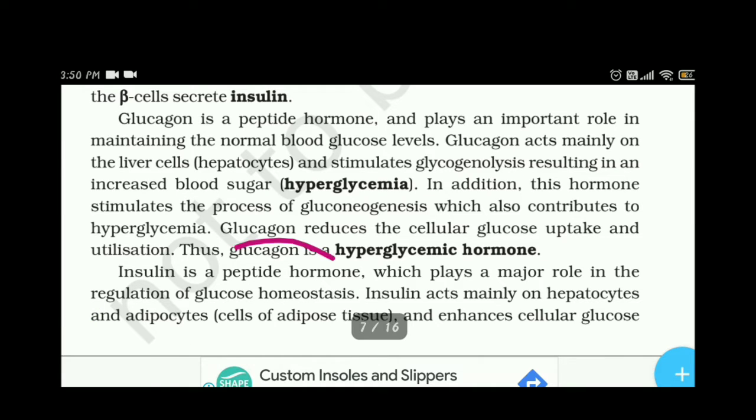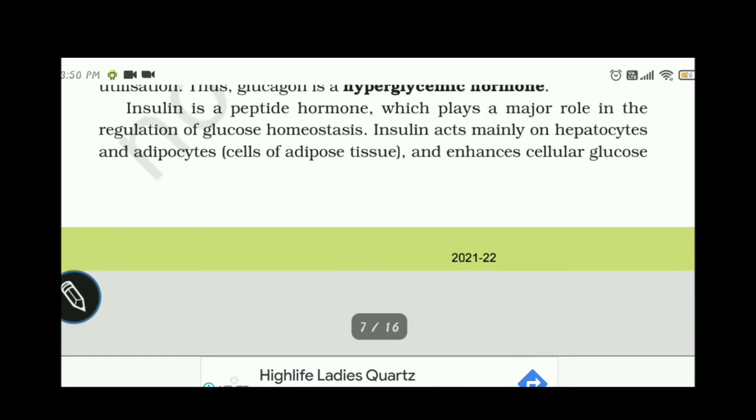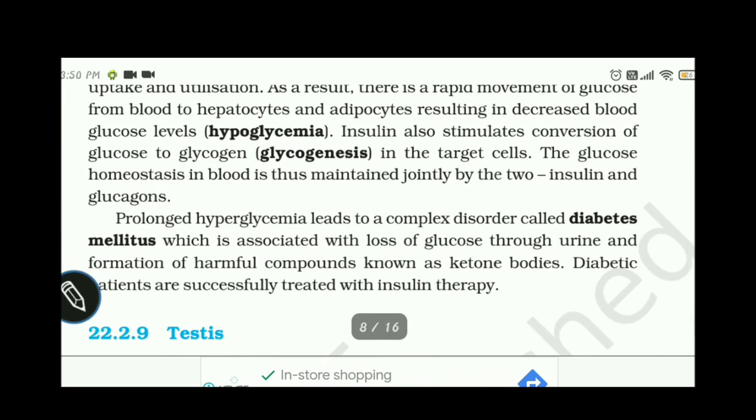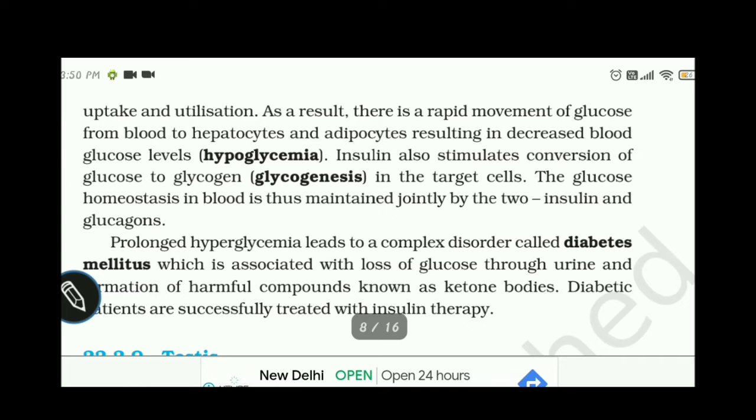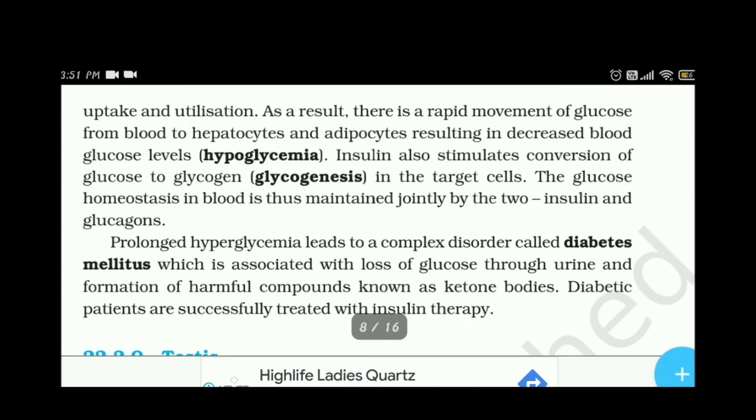Insulin is another peptide hormone, and it is just the opposite of what glucagon does. When there is an increased level of glucose, as in hyperglycemia, insulin decreases the blood glucose level by converting glucose to glycogen.